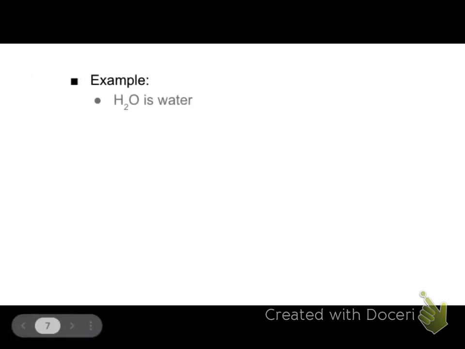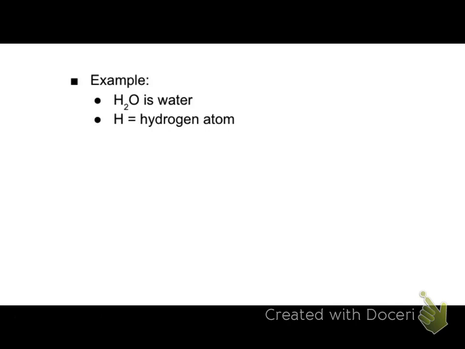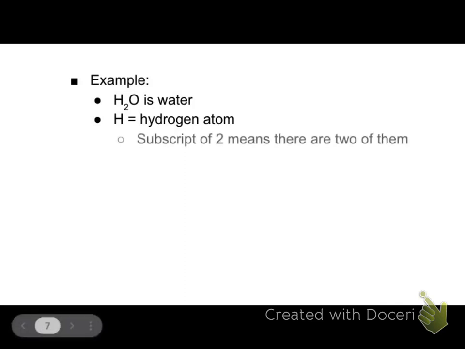Example of this. H2O, as we discussed earlier, is water. 2 hydrogen atoms bonded to 1 oxygen atom. This H2O is how we would write it. So in this case, the symbol H is meant to represent that there are hydrogen atoms in this compound. And then that little subscript number 2 means that there are 2 of them.